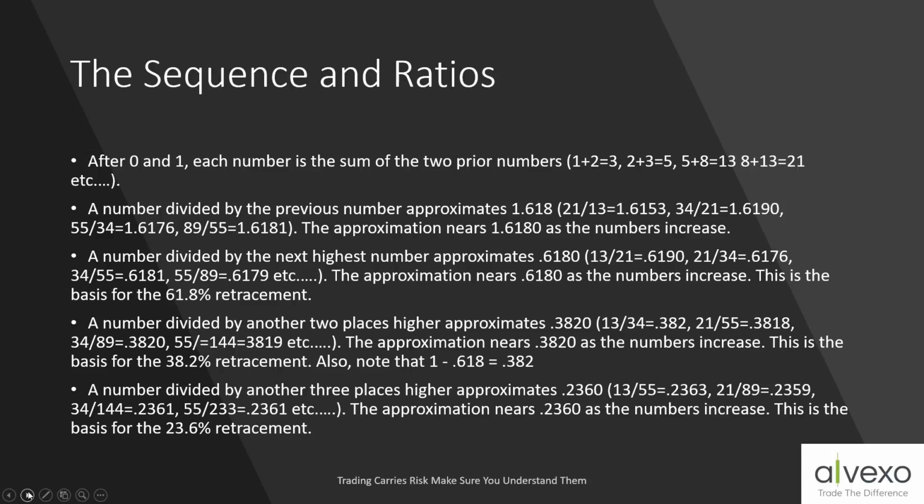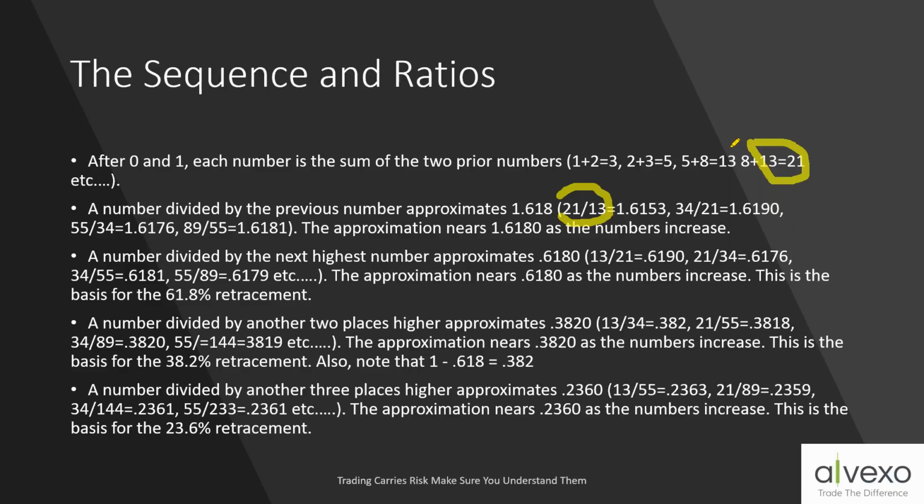So if we were to take a number and divide it by the previous number, say 21 and 13, and we divide the 21 by the 13, dividing the number on the right by the number on the left, it's always going to equal about 1.61, which makes that one of the Fibonacci ratios. But since that's more than 100%, it becomes what we call an extension.